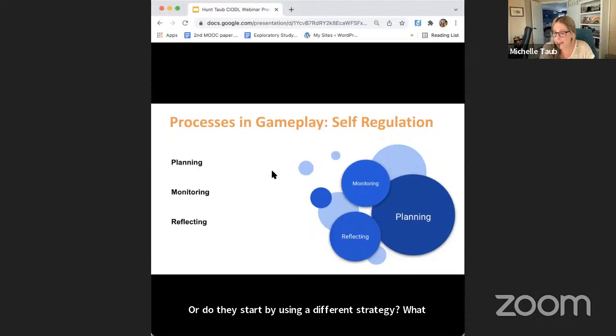Do they reflect and try a new strategy, or do they try the same strategy over and over again? Do we see evidence of this based on how they're moving the mouse around? I guess a spoiler, we're going to show you some videos, so maybe we'll see some of that evidence. As you can see, we have a lot of questions that we can use to assess how students are self-regulating and demonstrating their conceptual understanding of fractions during gameplay.